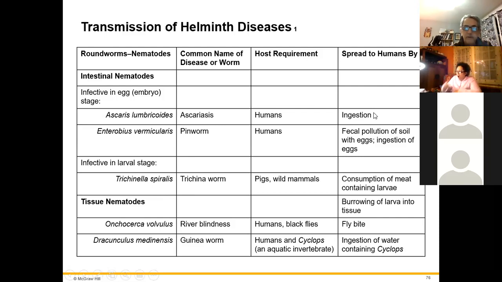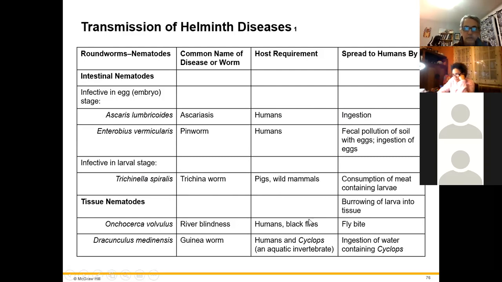They can be ingested through fecal pollution of soil or water with the eggs of the worm, or ingestion of the eggs. The larval form, the Trichinella worm: uncooked pork can contain this larval stage, and consumption of not properly cooked pork can contain the larvae.